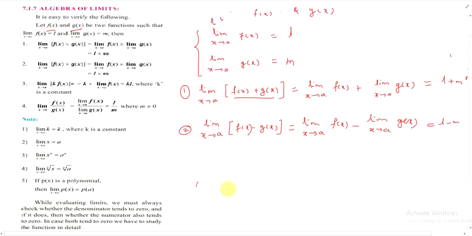Now here if there is multiplication of the two functions, then again we can separate the functions in such a way that limit x tends to a of f(x) into g(x) is equal to limit x tends to a of f(x) into limit x tends to a of g(x). That is, limit of product of two functions is same as product of their limits.